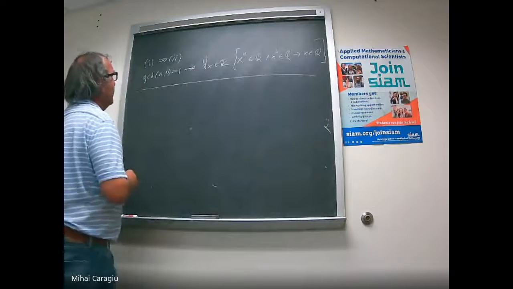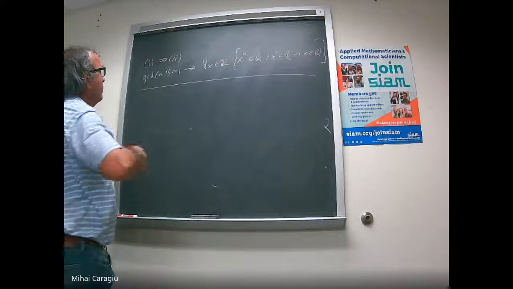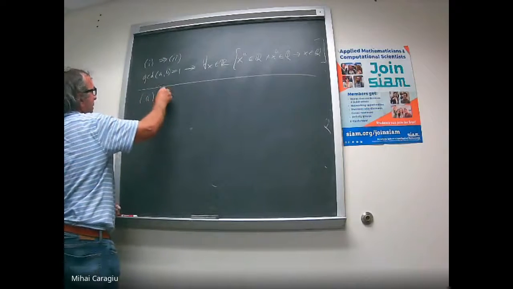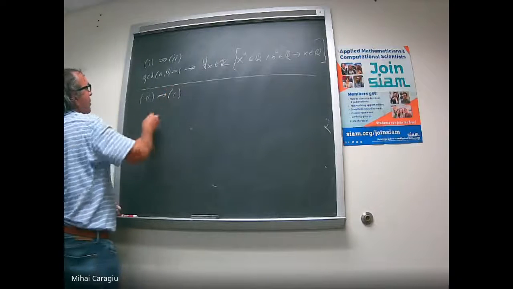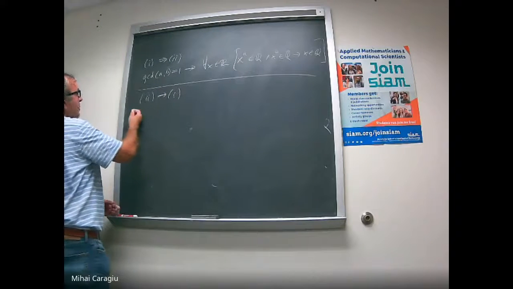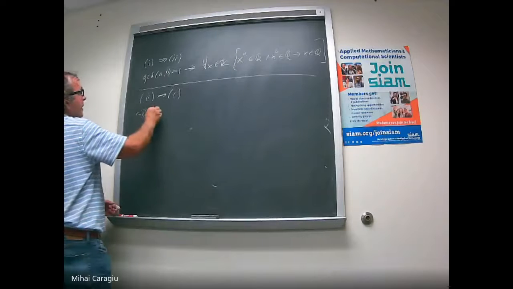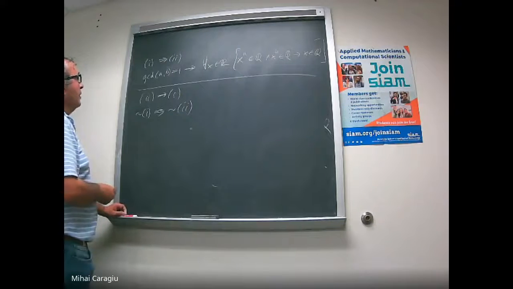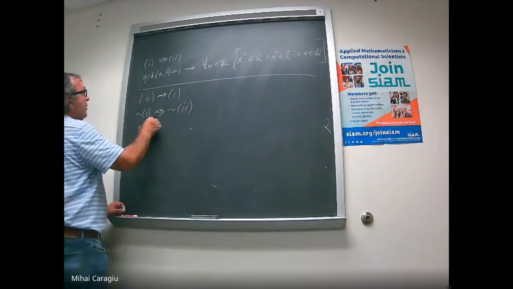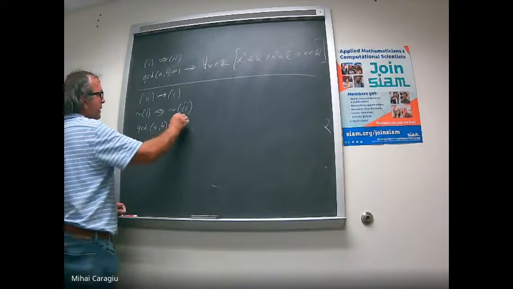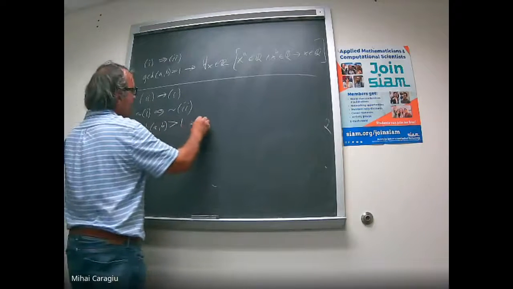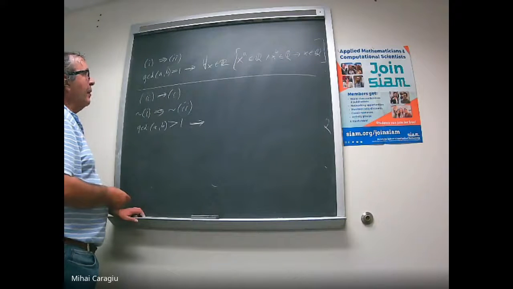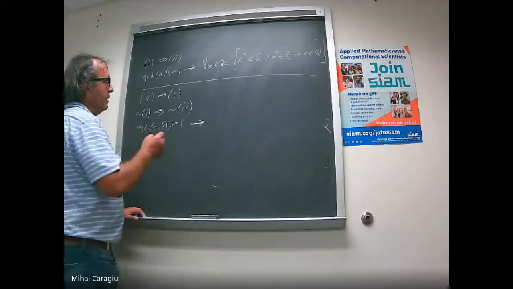To complete the problem, we can prove 3 implies 1, or we can prove the negation of 1 implies the negation of 2. So in other words, GCD of a and b greater than 1 implies there exists an irrational number x with x to the power a and x to the power b both rational.